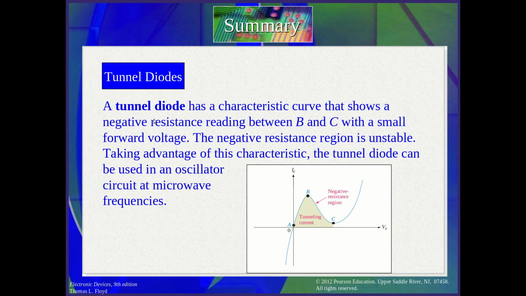For example, the tunnel diode has a strange characteristic curve, which from B to C has a negative resistance region. It is used in oscillator circuits at microwave frequency, so we can make use of the negative resistance here.